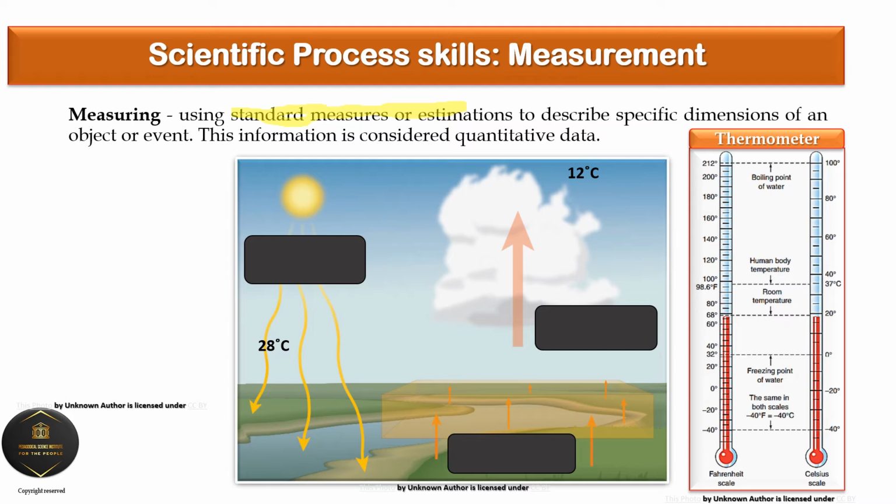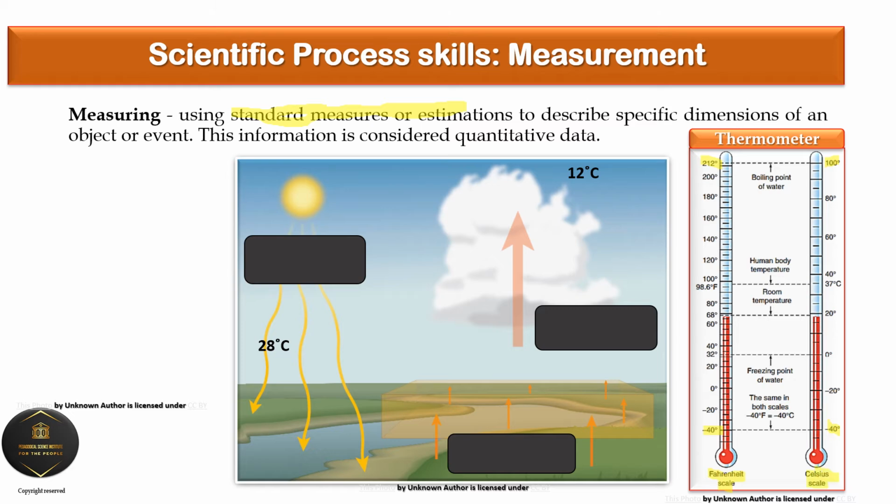And we say you use a thermometer to measure that, right? And if you look at your thermometer, it has negative values and positive values, right? And you must know that we have a Fahrenheit scale, which is used mostly in the northern hemisphere, countries over there, and we also have a Celsius scale.